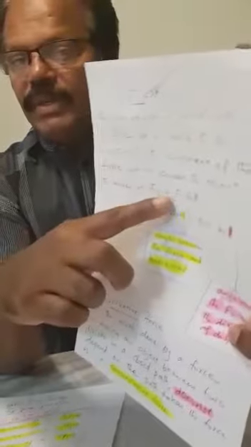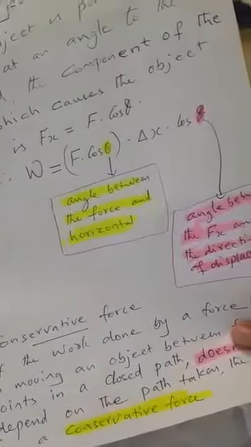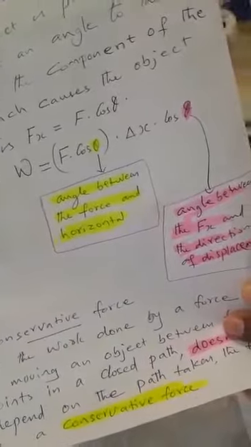Therefore, the work done is going to be W equals Fx times delta x times cos theta. And on elaborating it, you can see F cos theta times delta x times cos theta again. The first cos theta is the angle between the force and the horizontal, and this second theta is the angle between the force causing the work and the direction of displacement.